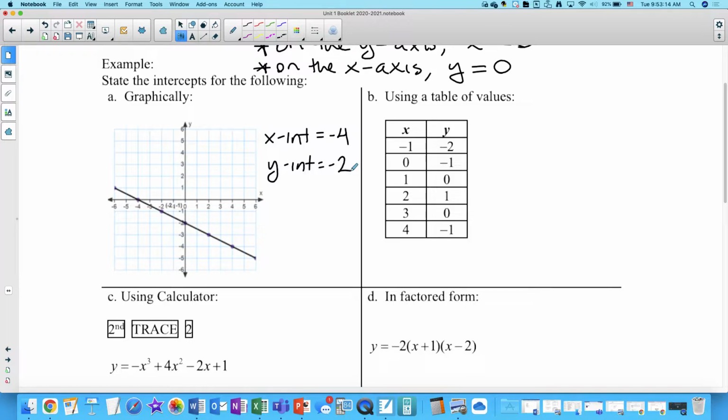Okay. If you have a table of values, these things that we starred above are really important. If you want to know the Y-intercept, for example, which coordinate do we know when you're on the Y-axis?